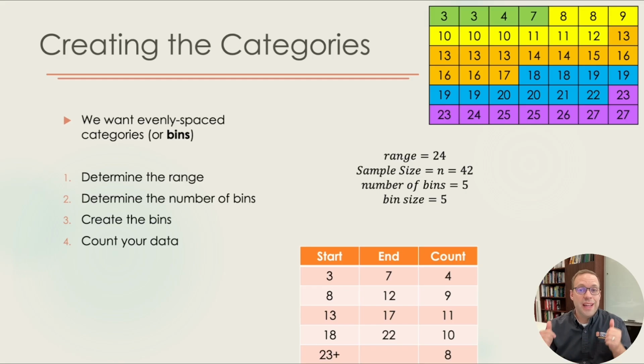You've got this table. You have now officially categorized your quantitative data. You've taken your numbers, your quantitative data, and you've sorted it into groups. The group 3 to 7, the group 8 to 12, group 13 to 17, 18 to 22, and then 23 and above. Now, at this point, you are ready to create your histogram.